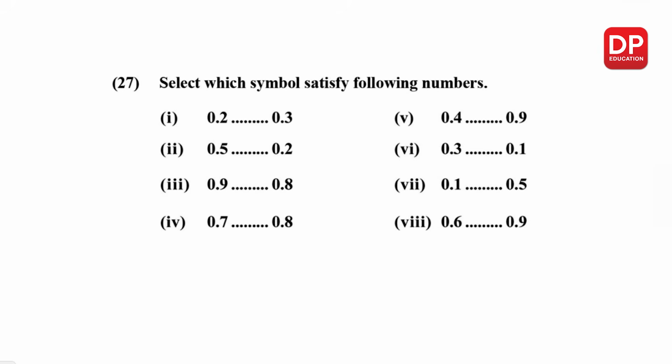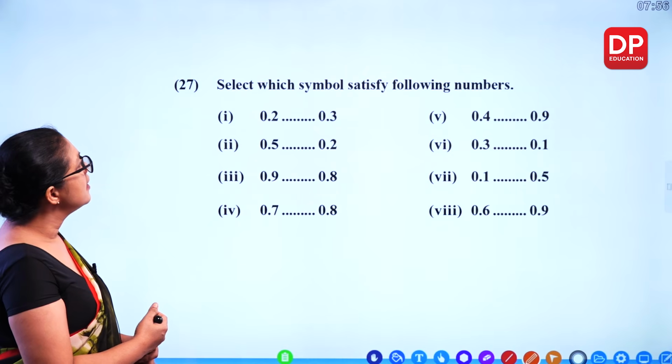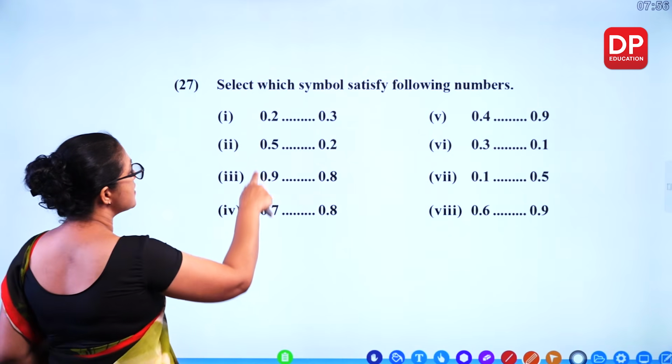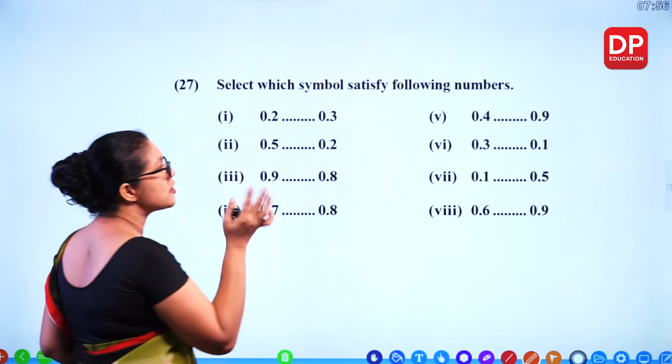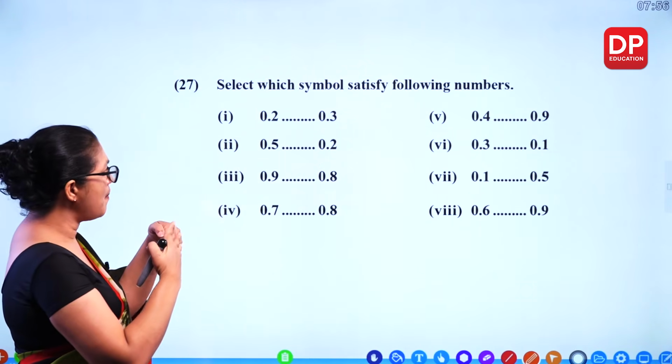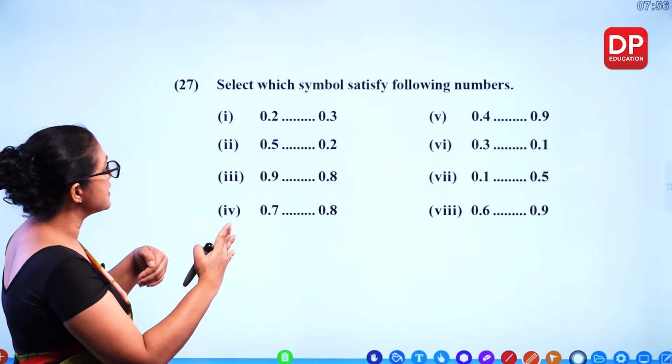Select which symbol satisfies the following numbers. Now all the first digits are zeros, so that means the ones place has nothing. Then what's the next step? You look at the first decimal place.